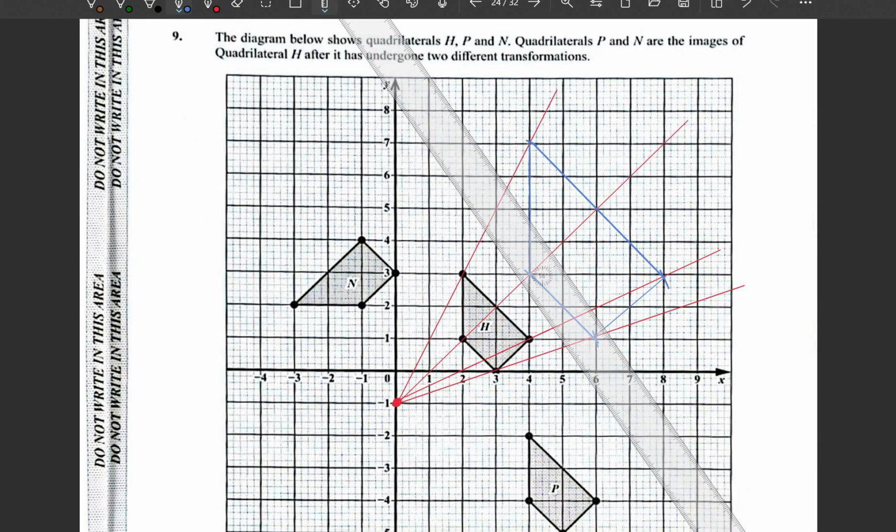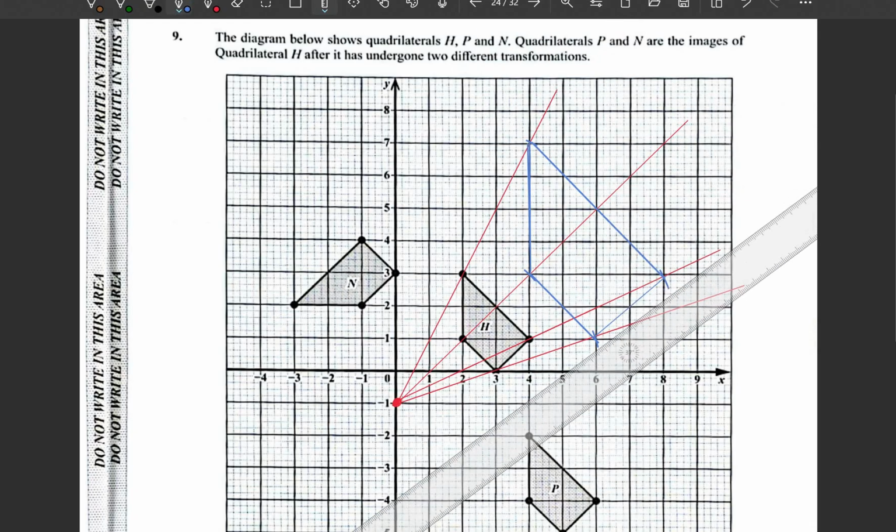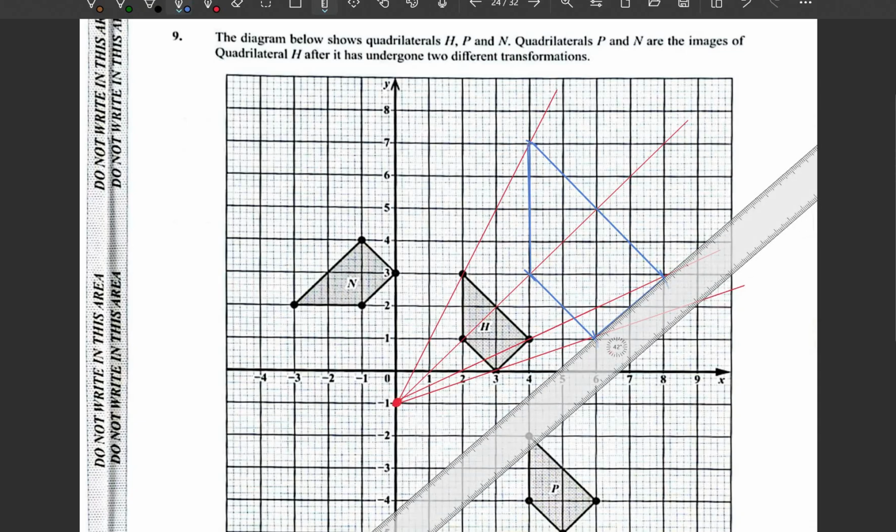Let me get it a bit more clearly. I hope you guys could see that there. So this here would be our image.